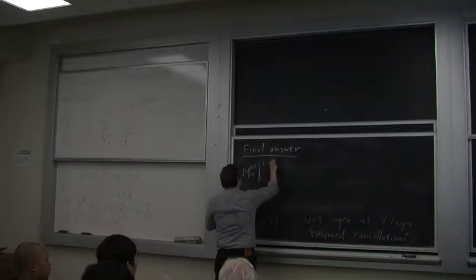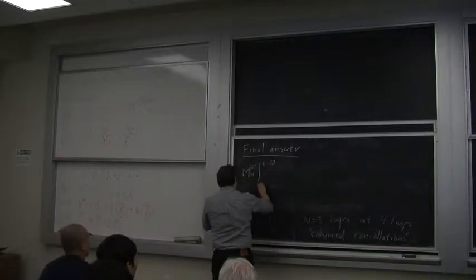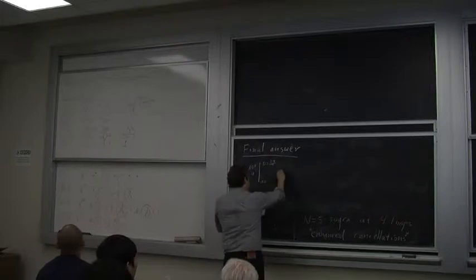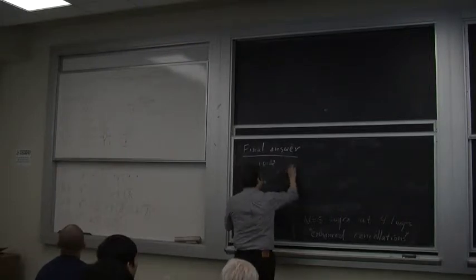So this would be d equals 24/5. This is only valid for the ultraviolet.